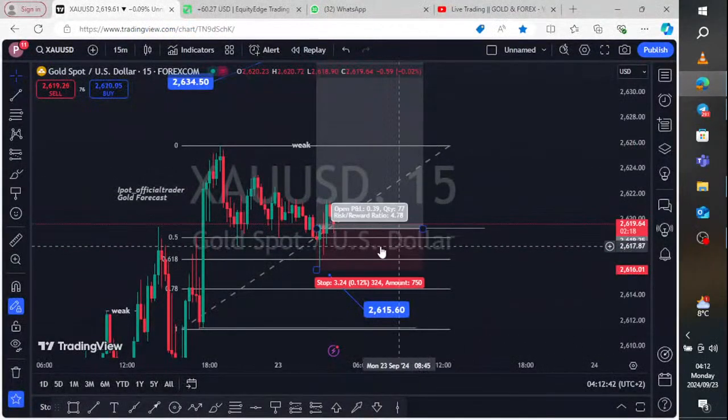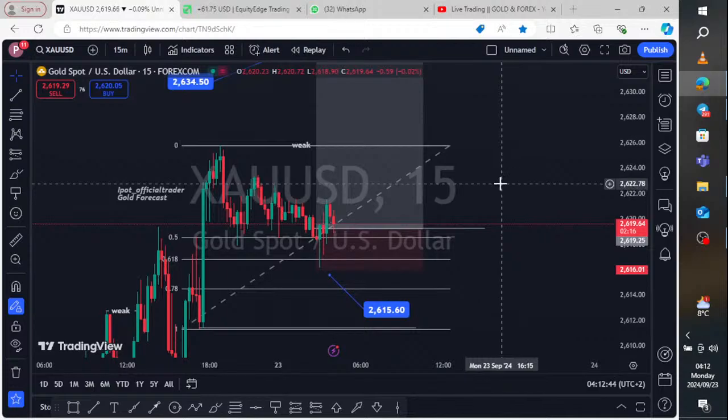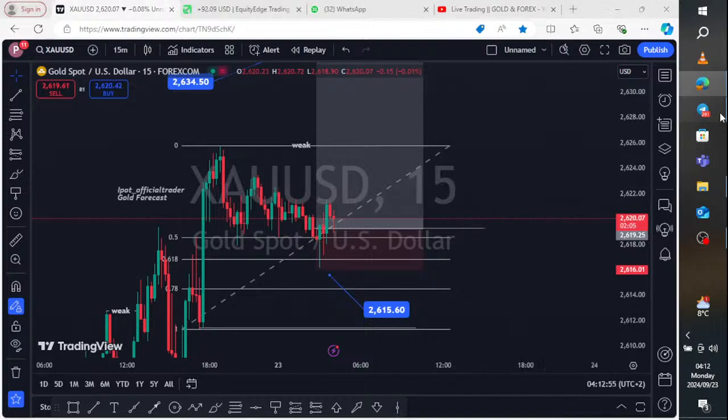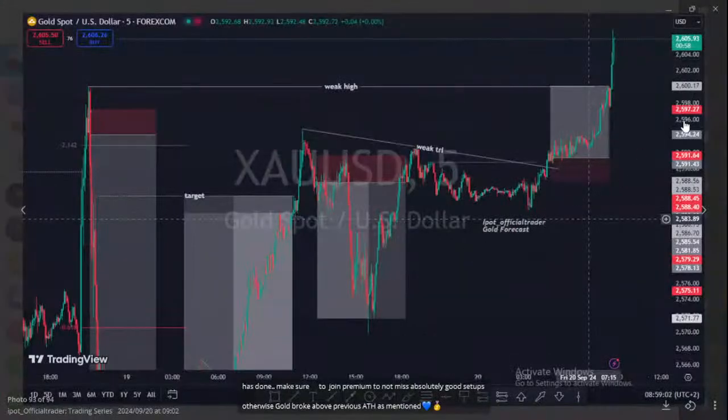You can see it's just stuck. We waited for hours, imagine hours and hours. And you know what happened that day? I slept throughout the setup. I was tired because I couldn't wait. When I woke up, I found it at the TP. I was going to close right here if I was awake, but I just left it with a TP open.